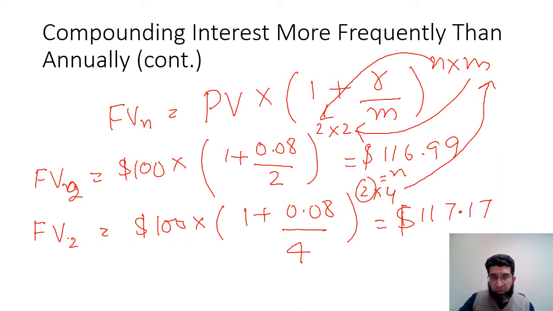So interest is divided while the number of time periods is multiplied.